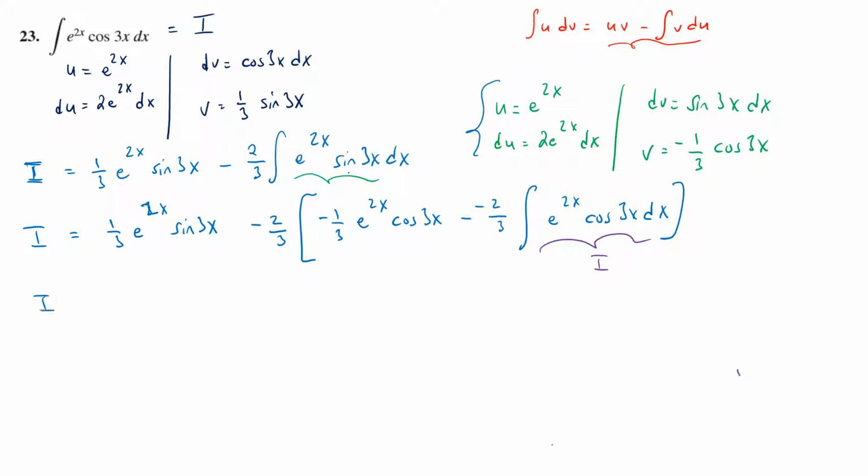So I have I equals 1/3 e to the 2x sine 3x, now I've got some distributing, plus 2/9 e to the 2x cosine 3x, and then it looks like I'll have minus 4/9. We have the double negative here, but then I'm distributing this negative 2/3 to this, so it looks like I'd have negative 4/9. And then I'm going to turn that integral into I.